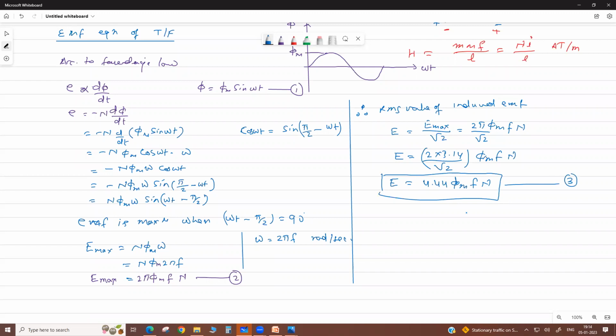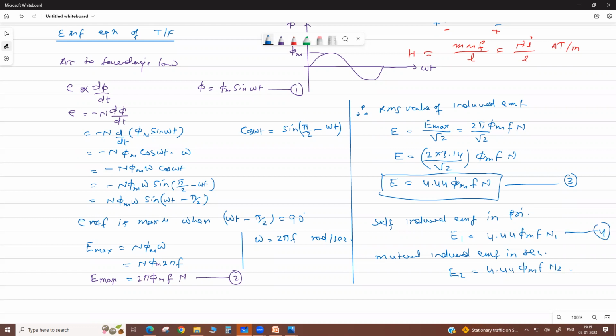Therefore, the self-induced EMF in the primary, that is E1, equals 4.44 phi m f N1, and the mutually induced EMF in the secondary, that is E2, equals 4.44 phi m f N2.